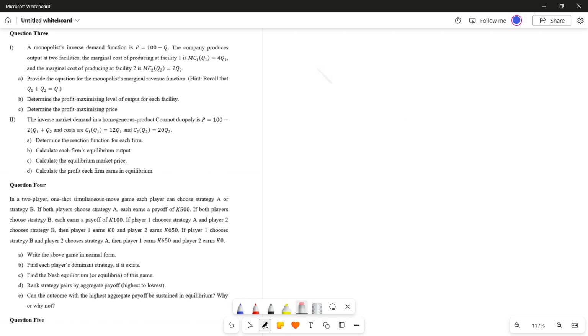We're going to pick it up from where we ended last time, because today I just want us to look at how we calculate the equilibrium output, given that we have the reaction functions for these two firms. I'll write the reaction functions that we found last time, and then we'll use those to calculate the equilibrium output.